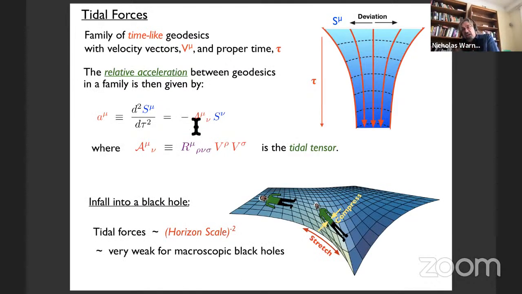And so the standard story for a black hole is very well known. When you fall into a black hole, you get stretched head to foot, but you get squeezed side to side. But the other thing that we learn in elementary school is that it's extremely weak. It's set by the horizon scale for macroscopic black holes.